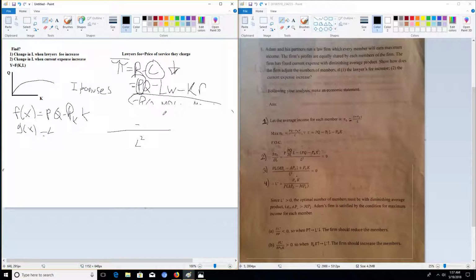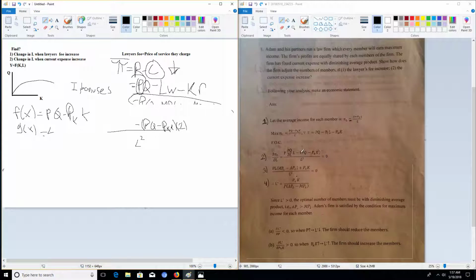And for the left side, it's going to be g of x times f prime of x. F of x is simply the quantity p q minus p sub k times k. G prime of x, with respect to L, since it is the derivative of the average income with respect to L, is just going to be 1. Simple, right?